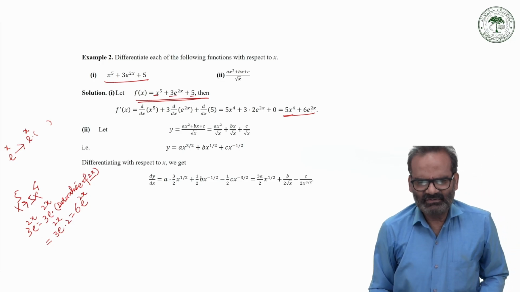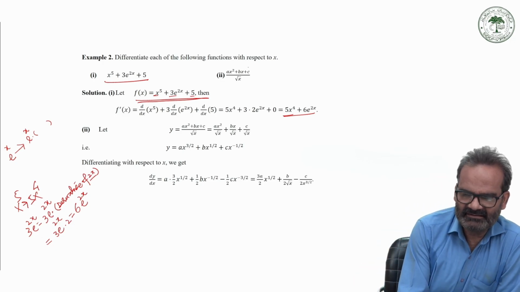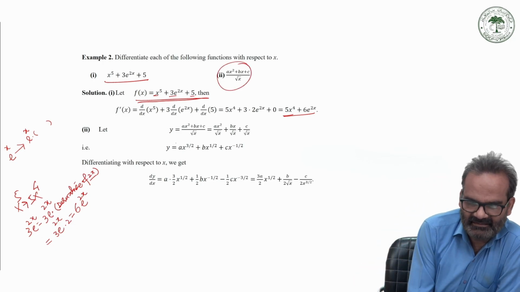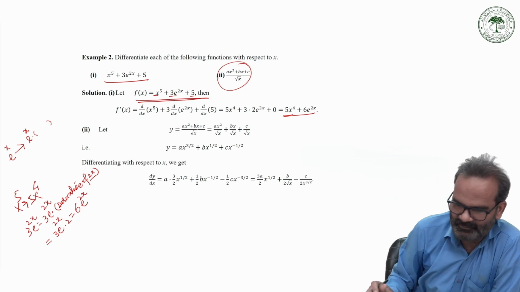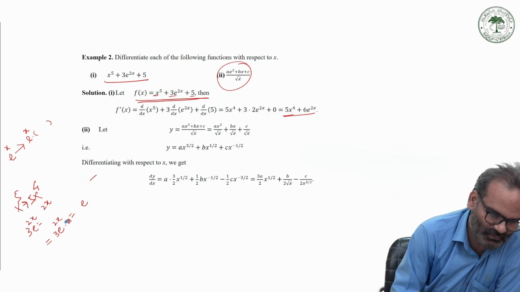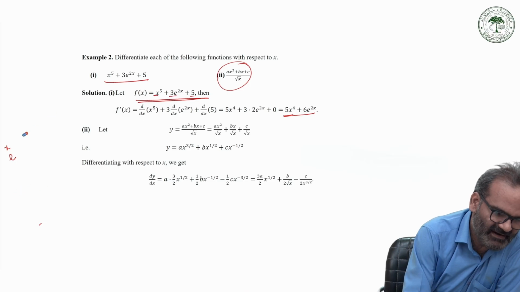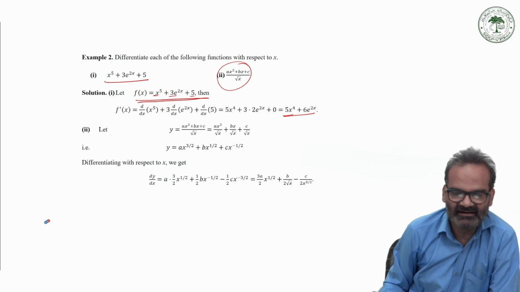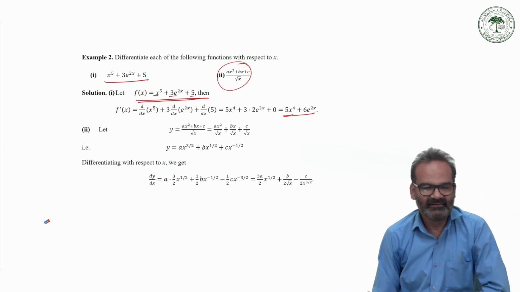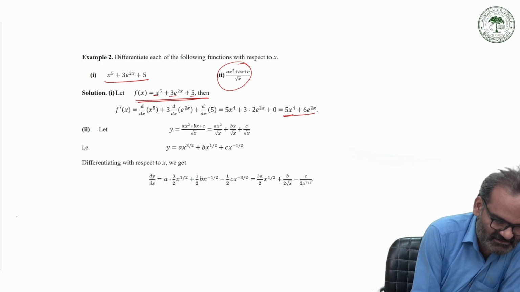Now, similarly, you can take this example. Let y is equals to ax square plus bx plus c divided by root x. Now, find out its derivative. See, a, b, and c are constants, right? X is the only variable here. So, first change this function.